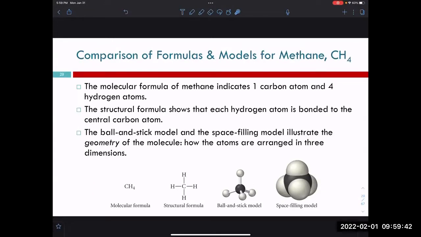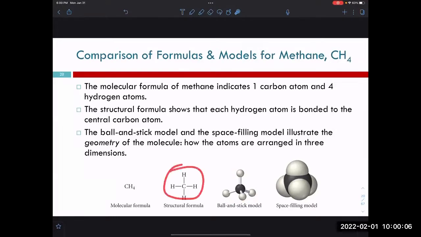So the molecular formula for methane tells us how many of each atom there are. It's the molecular formula, so it's the actual number, not the empirical formula. A structural formula shows us that it's the carbon in the middle with the 4 hydrogens bound to it. The other thing that a ball and stick model will show you is the 3D geometry.